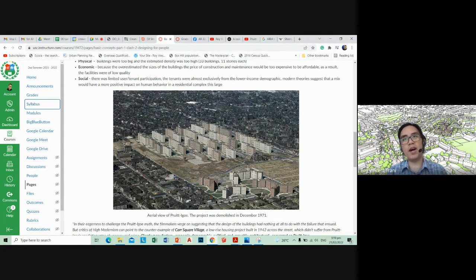Now, the problem with this kind of planning is you get housing units that look really good on paper and they're built, but in the end, nobody occupies them and they have to be demolished.